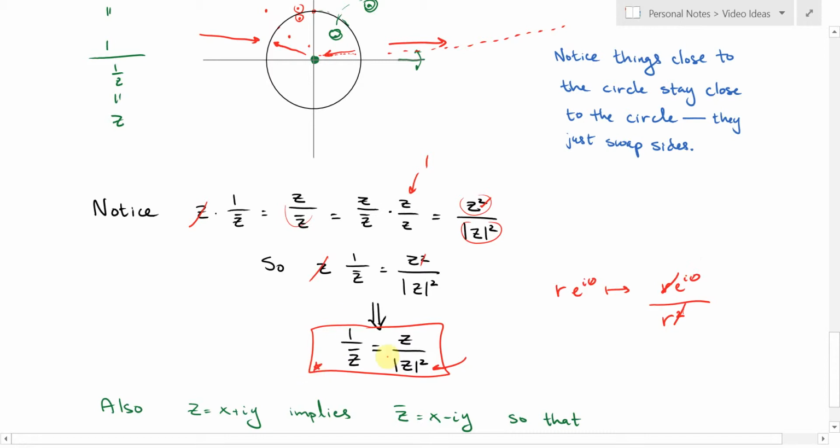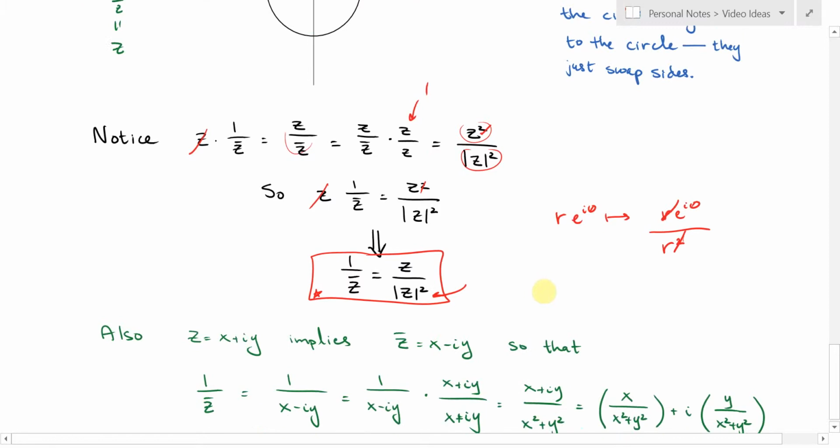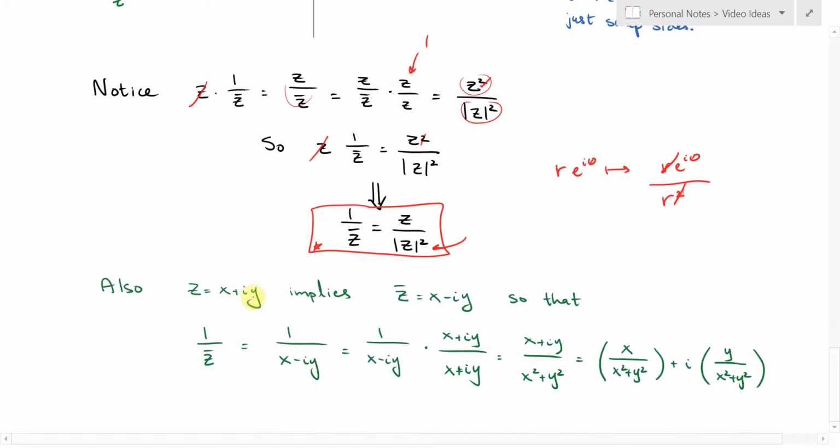And if we look at how this all looks when we write it out in Cartesian coordinates, real and imaginary coordinates, z equals x plus iy, which makes z bar equal to x minus iy, so that 1 over z bar is 1 over x minus iy.